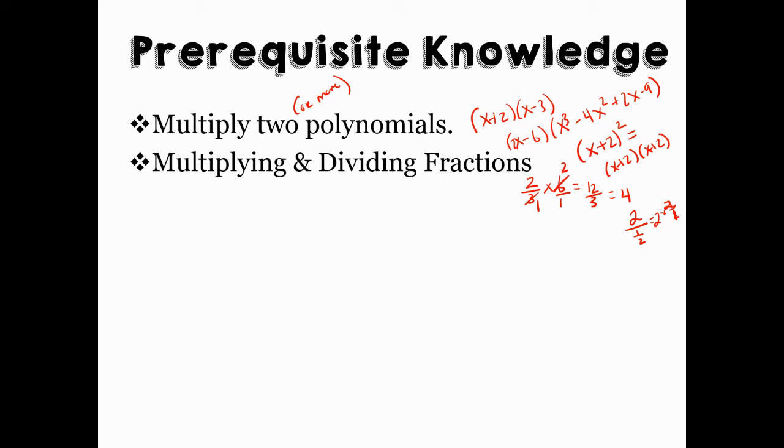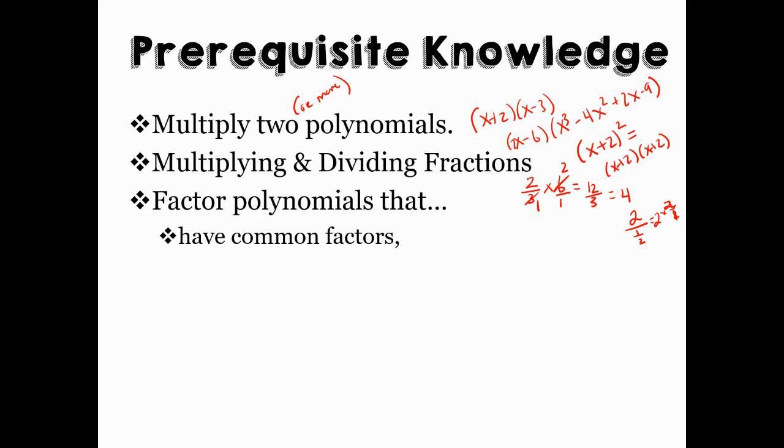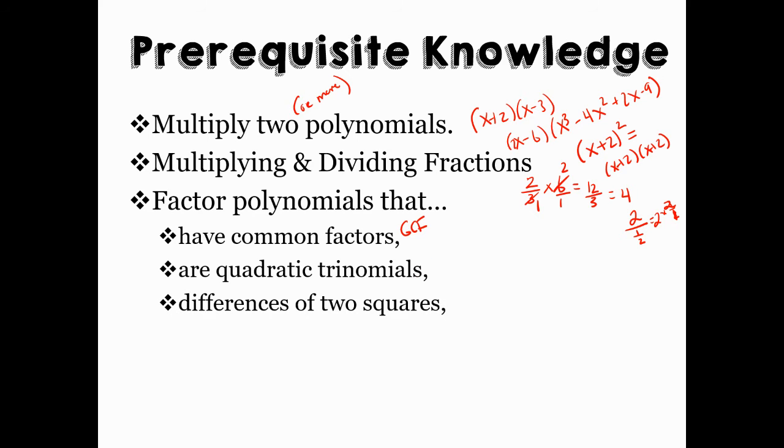And then factoring polynomials, everyone's favorite, right? So thinking about having common factors, like you're looking for a GCF or greatest common factor. Are they quadratic trinomials, whether the coefficient is 1 or greater than 1? Difference of squares.